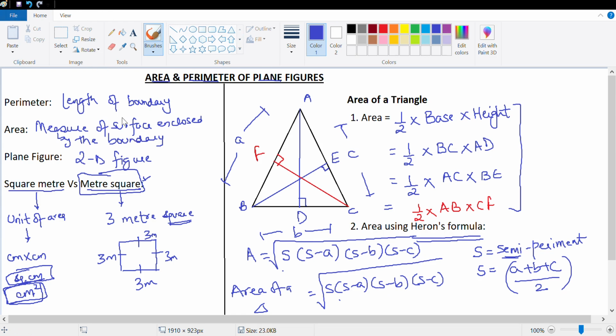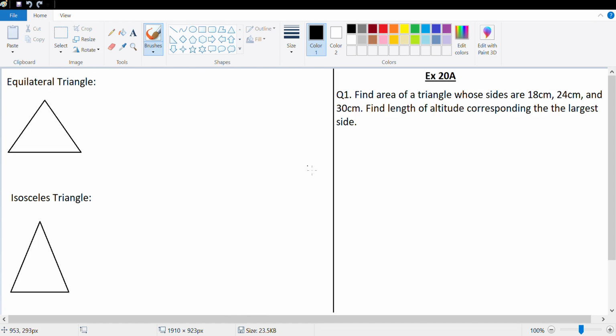Good. Now let's look at the next part of this. What would be the area in case we have an equilateral triangle, which means all three sides are equal?